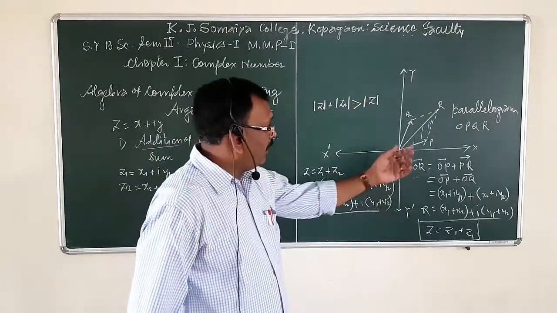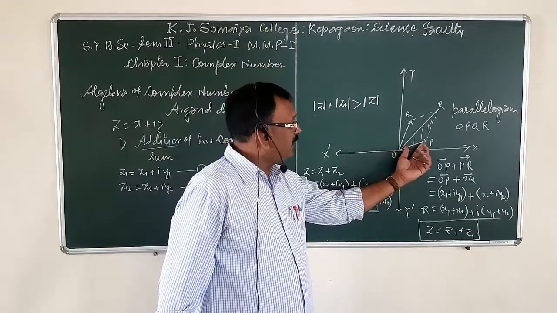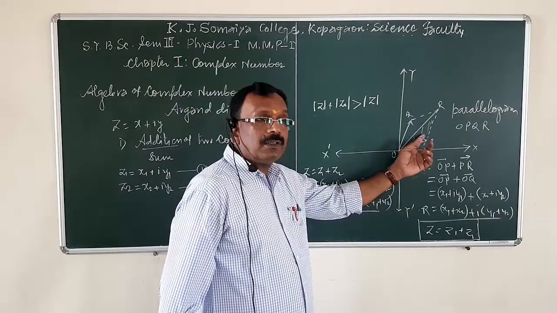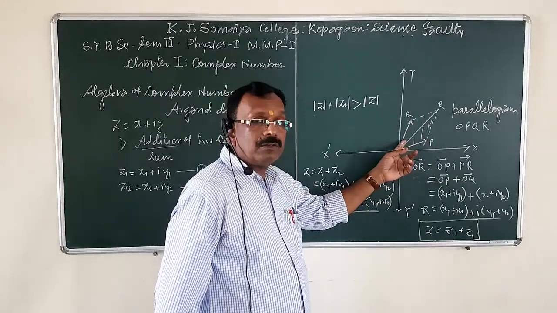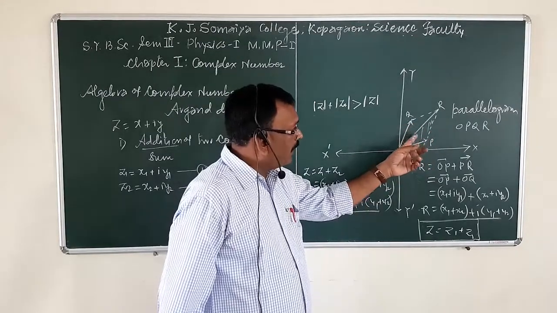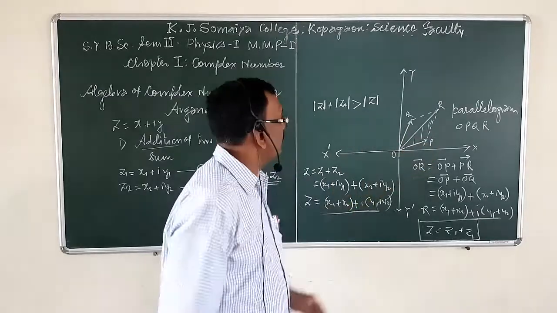That is, when we add two adjacent sides of a parallelogram, then the value of the resultant vector is less than this addition.